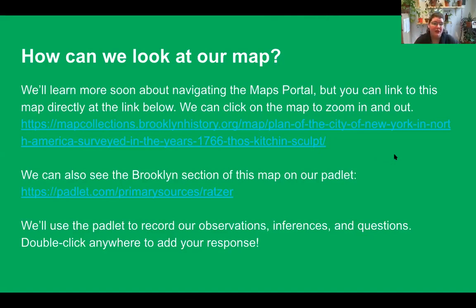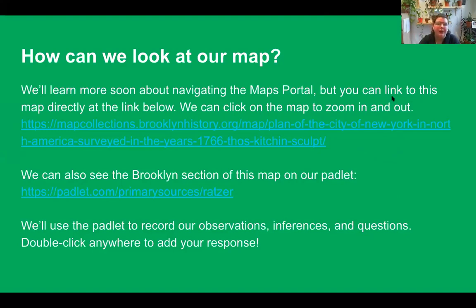But since we do want to focus on Brooklyn, in order to see the Brooklyn section of the Ratzer map, we are going to include a Padlet link that Charlie is going to share in the chat. We will use this Padlet link to record our observations, inferences, and questions.